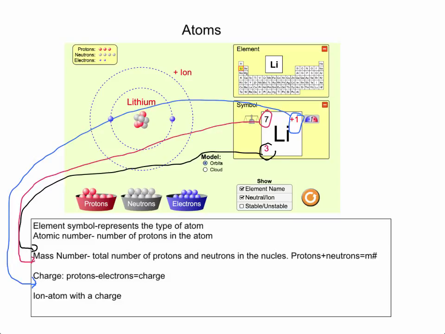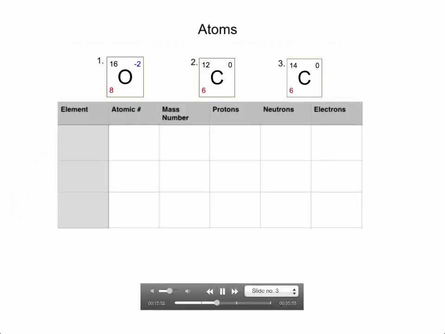Since electrons are negative, if you have more electrons than protons, you have a negative charge. And if you have more protons than you do electrons, you have an ion with a positive charge. If you say you just have an atom, that means the charge is 0. The number of protons is the same as the number of electrons.